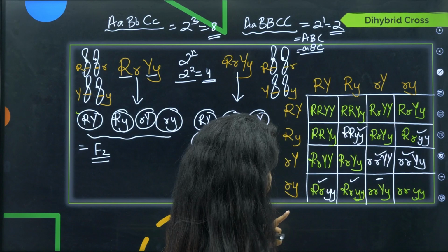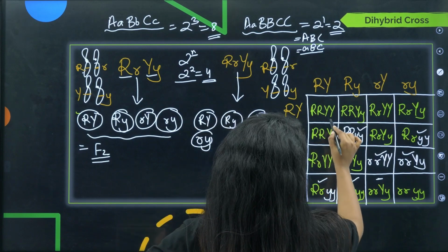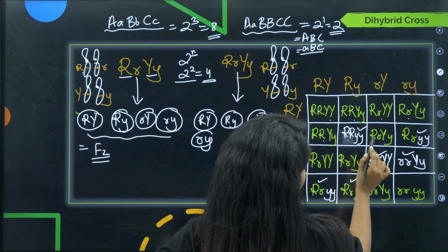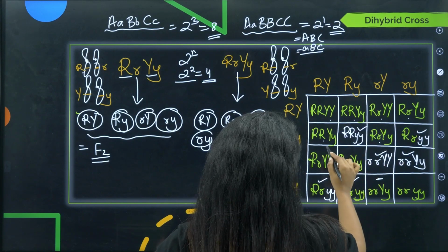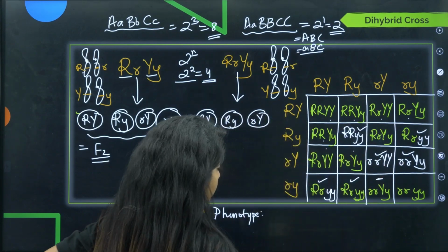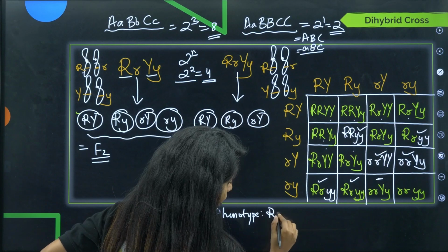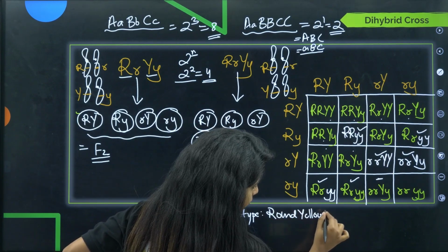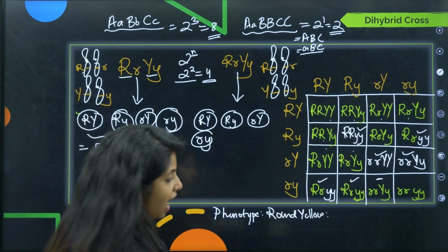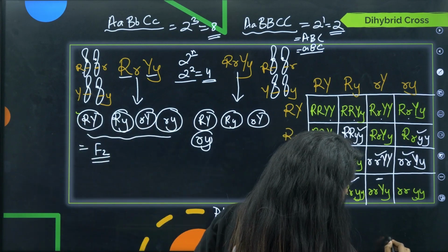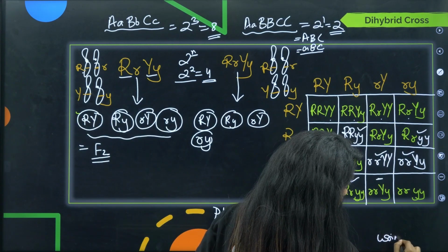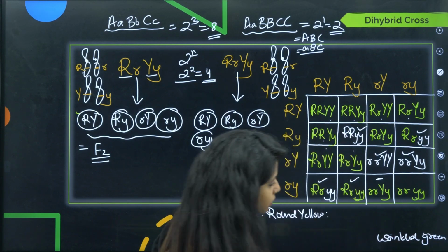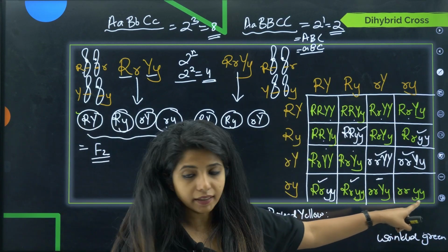Did I mess something up? 1, 2, 3, 4, 5, 6, 7, 8, 9. We have 9 of them which are round and yellow. Okay, and I am telling you we would be having wrinkled and green as well, because that is what we started with. This is wrinkled and green.